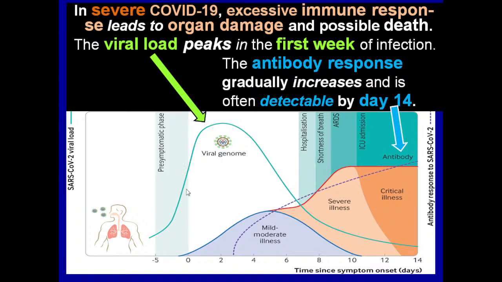It rises dramatically in the pre-symptomatic phase, but then in the symptomatic stage it will be very high. And usually it is often detectable by day 14. Then please pay attention that the viral load is not so high from the very beginning of the disease.